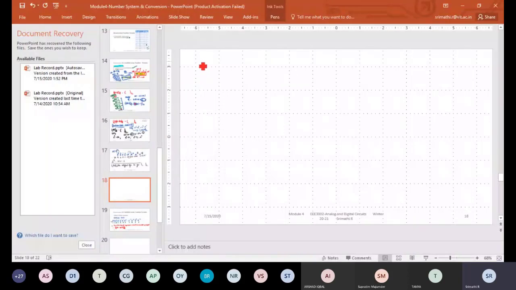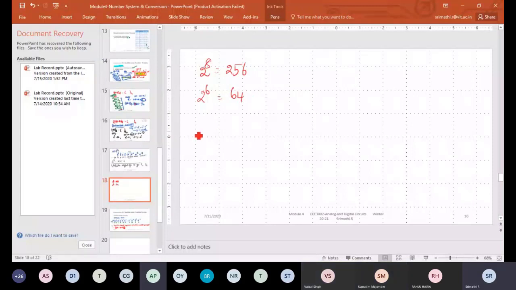For 361, ma'am, it's 2 to the power 8. Its value is 256. Then 2 to the power 6, that is 64.